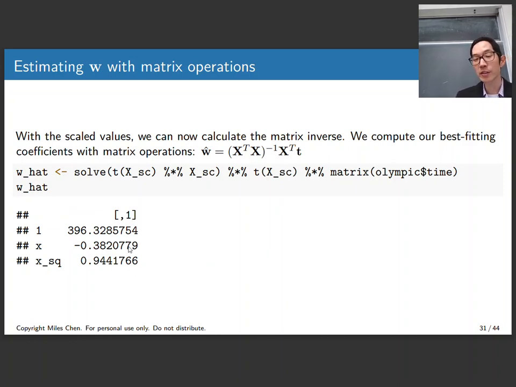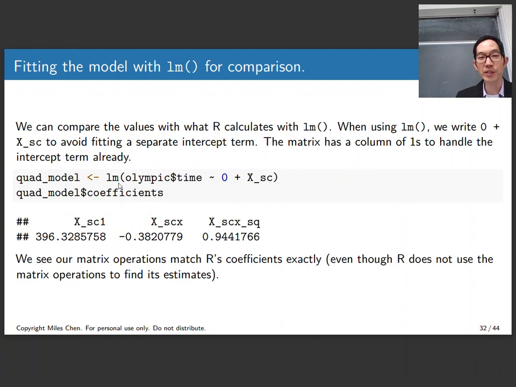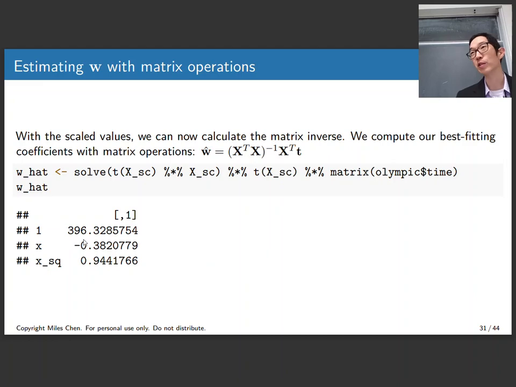And indeed, I can show you that if I did fit a linear model between Olympic time and the different columns in the X scaled matrix, we get the exact same values. So if I use LM in R to do this, the values are 396.3, negative 0.382, 0.944, and exactly those are the same values.